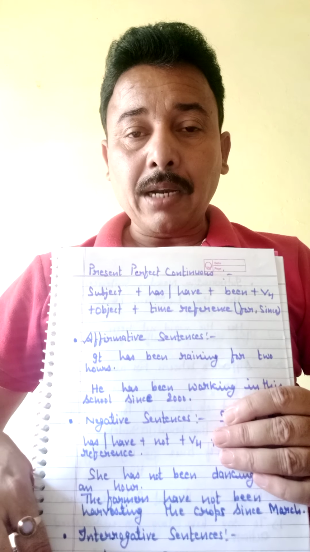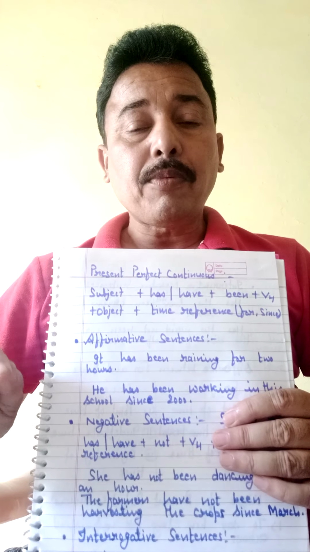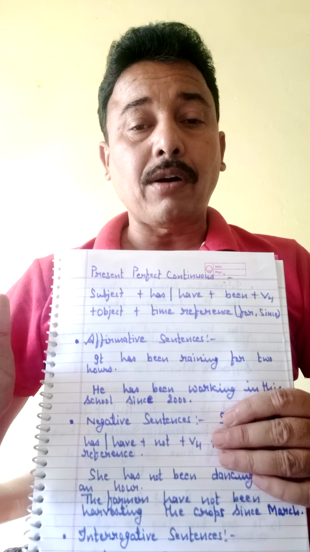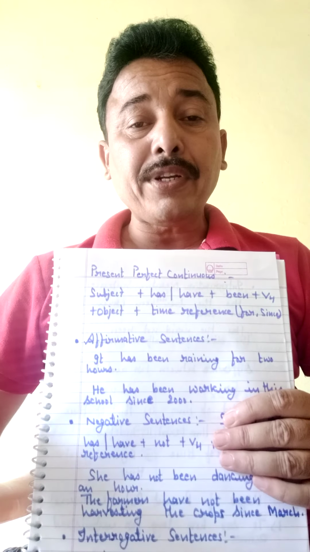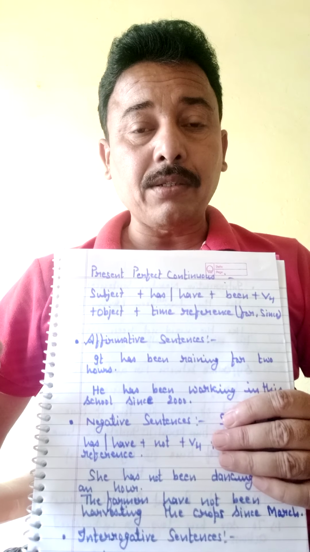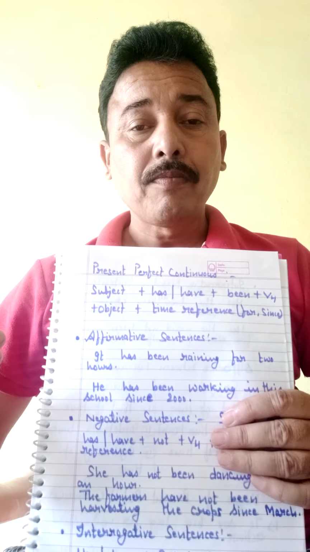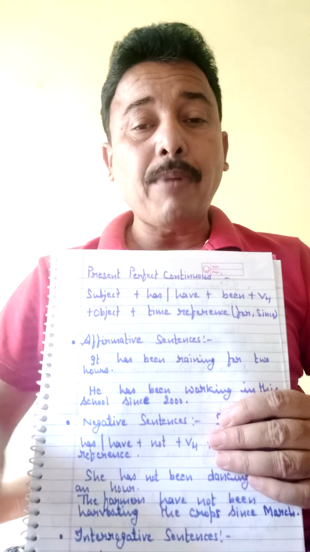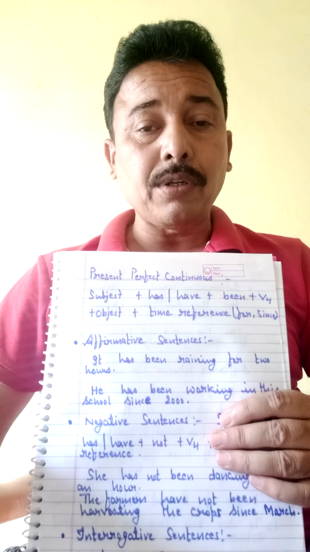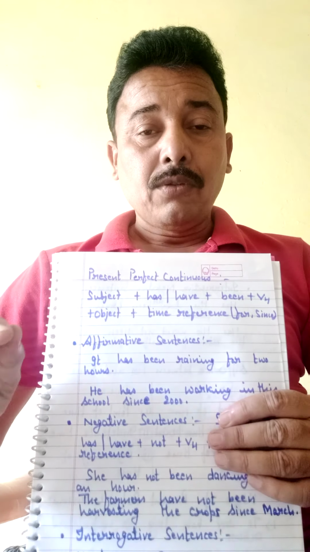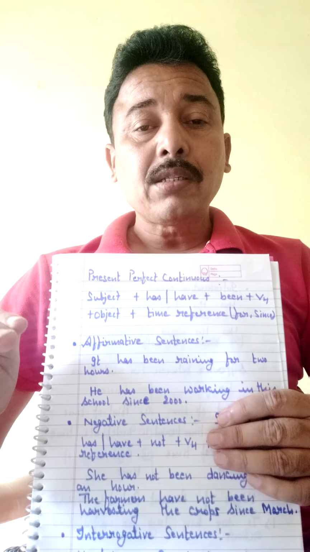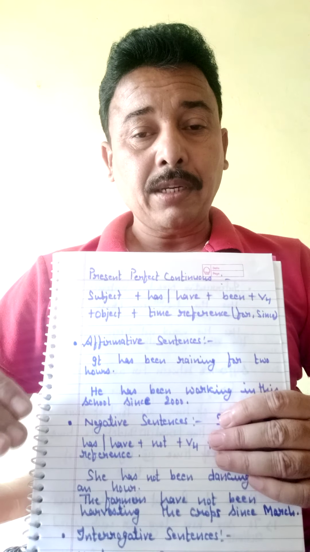As we already studied present continuous, that means talking about work that is going on in front of the speaker. But perfect continuous means talking about finished or unfinished actions or work which started in the past, is still going on in the present, and will carry on in the future. So this form of sentence is known as present perfect continuous.